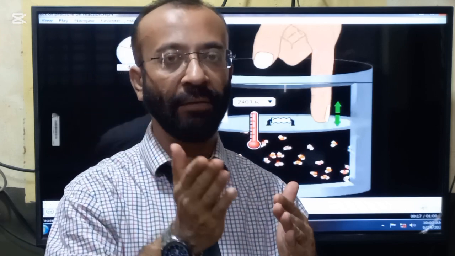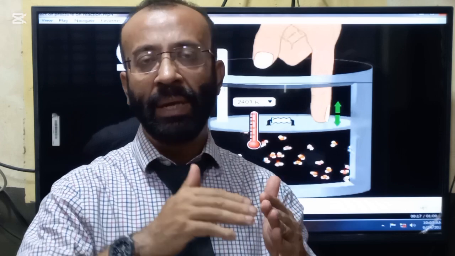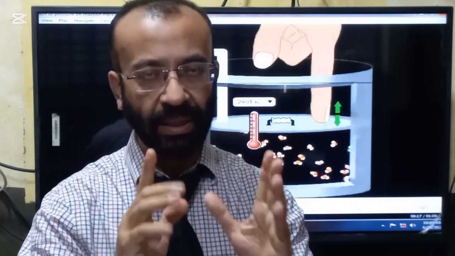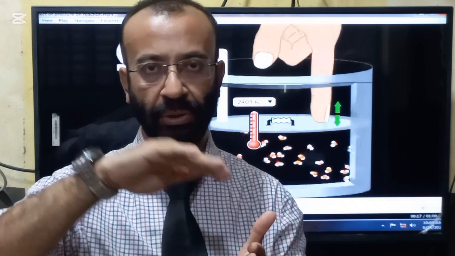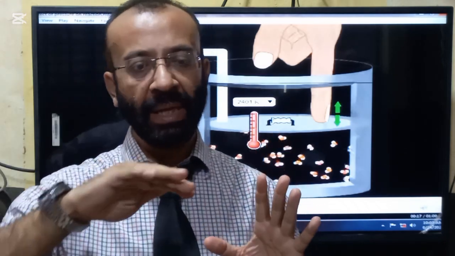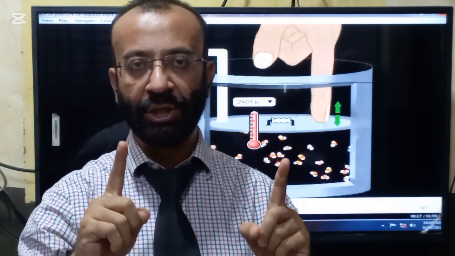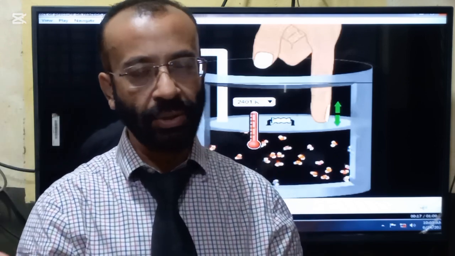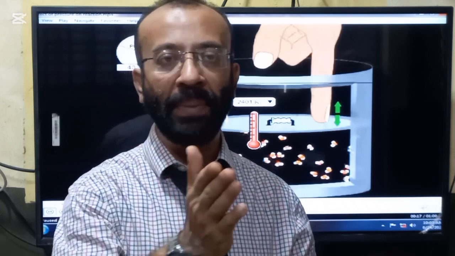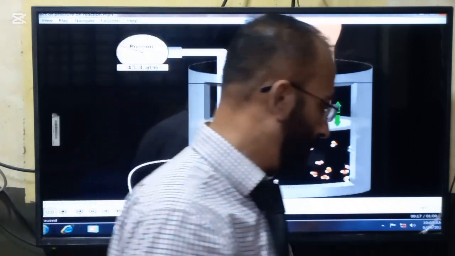That is actually a line of best fit. The steeper the gradient, the steeper the slope, the faster the reaction, and the less steep the slope, the slower the reaction. So this is a question that may come in the alternative to practical question as well.